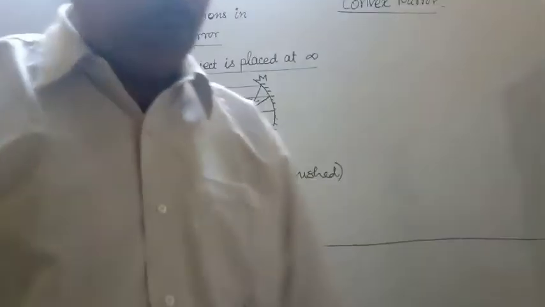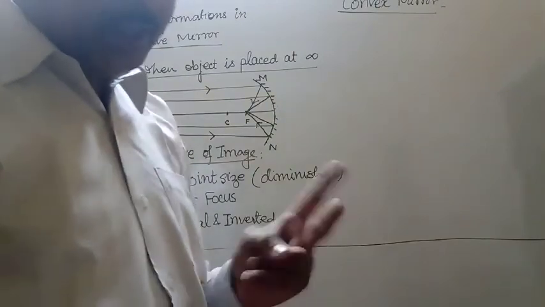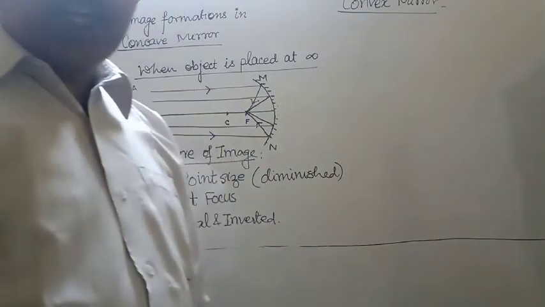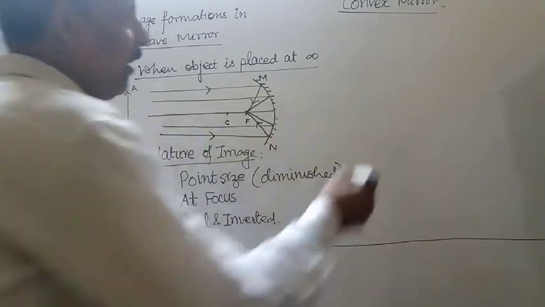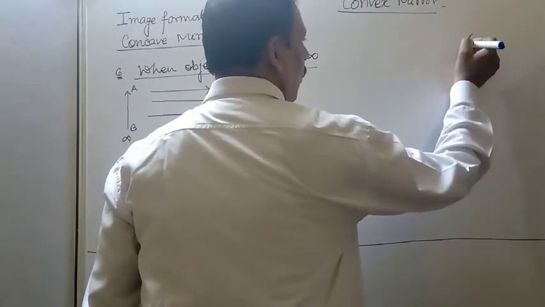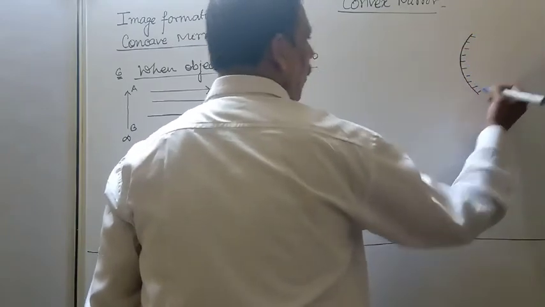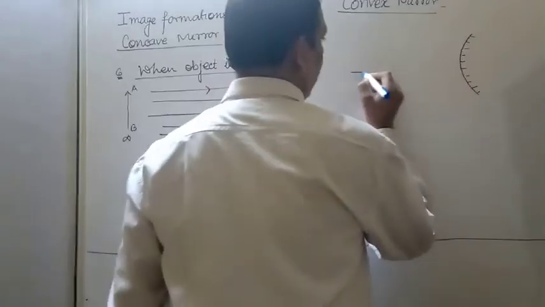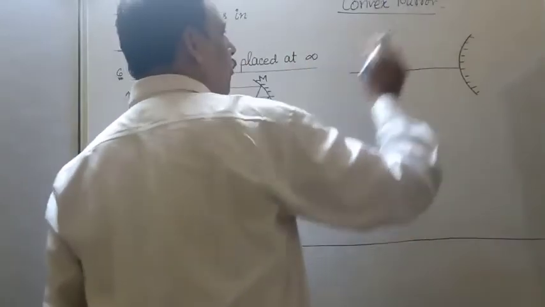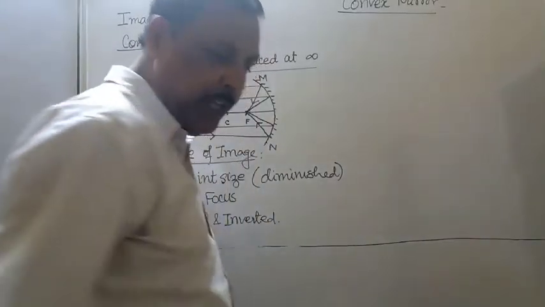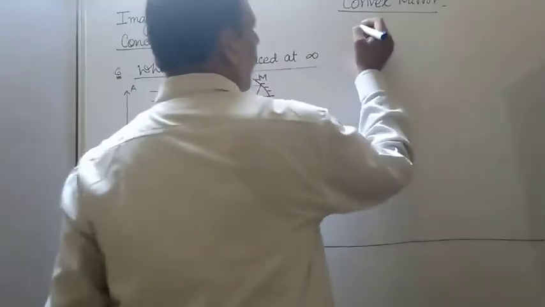The same methodology we are going to have as with concave mirror, but there are only two positions. When object is kept in front of the pole, this is our first.